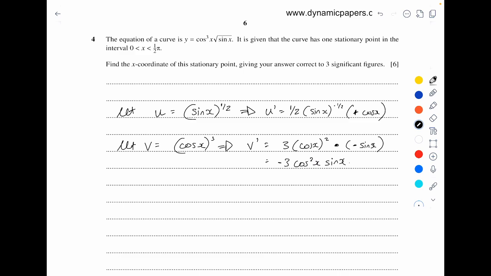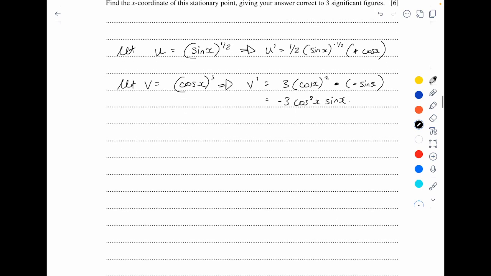So the next step here is to say, well, u dash v plus uv dash is going to equal 0. And we set it equal to 0 because dy by dx needs to equal 0.